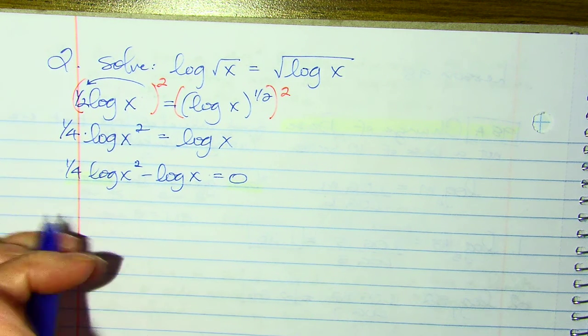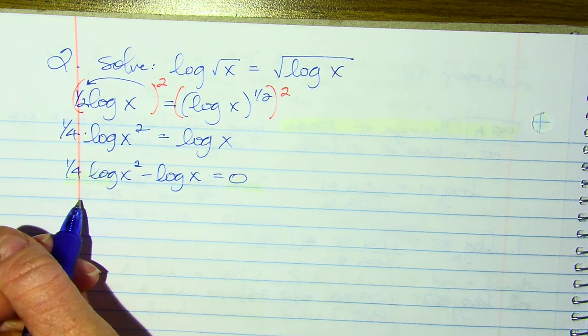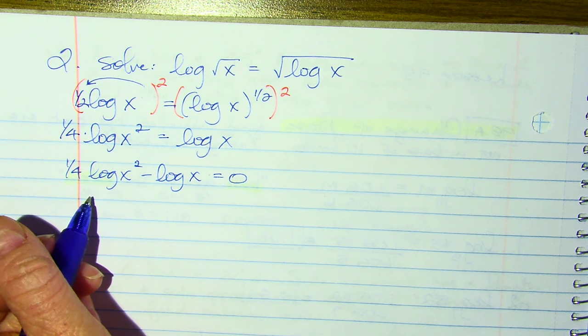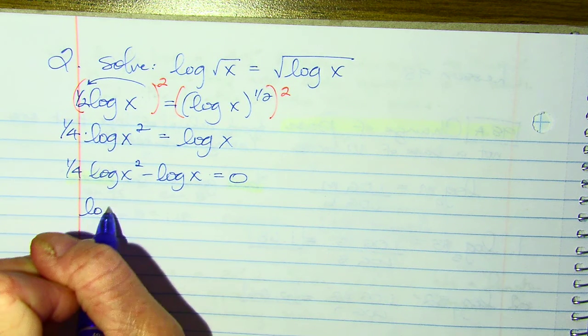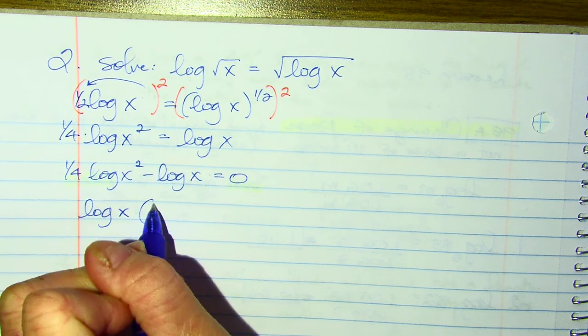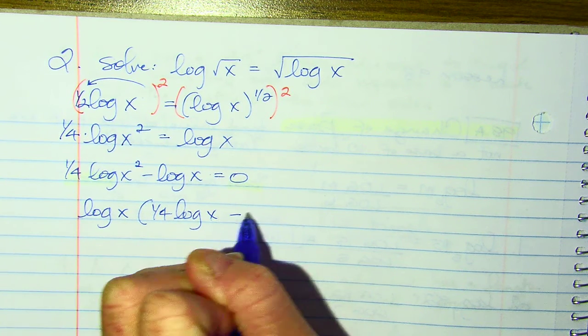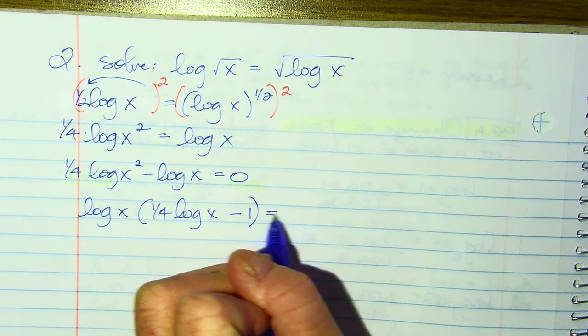So anyways, sorry. I'm going to factor out the common factor here, which in this case is the log of x, and that would give me log of x times 1/4 log of x minus 1 equals 0.